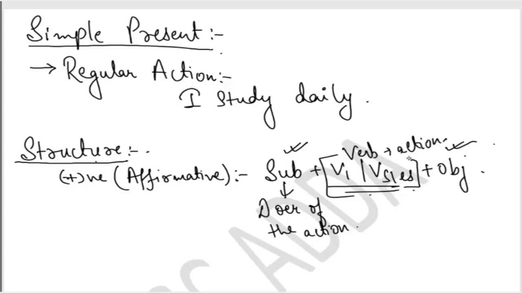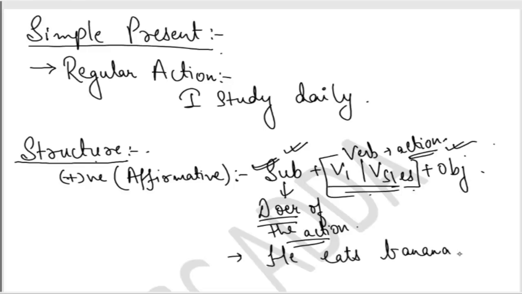Whatever action is done, who is doing that action, that will be your subject. If I take an example, he eats banana. Who is the doer of the action here? He. Then he is the subject. What is the action here? Eats. Then eats is the verb here.